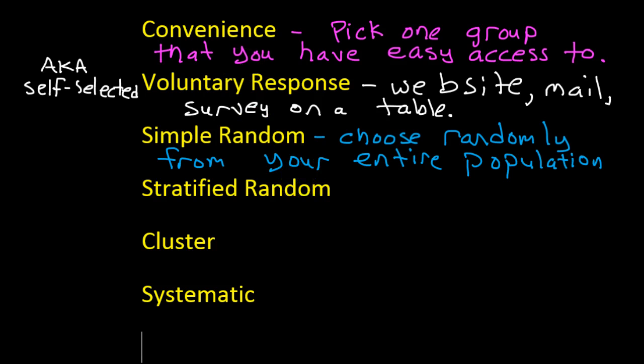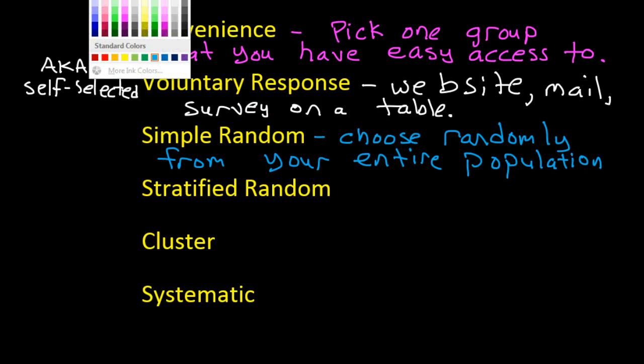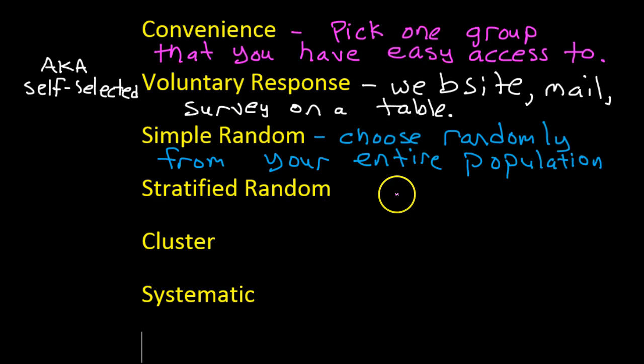Now, stratified random is where you divide your population into groups, and then you choose some from each group. That could be done with rooms. I'm in a high school, so there are several classrooms in this high school. If I randomly pick 3 students from each class to participate in my survey, that would be stratified random.